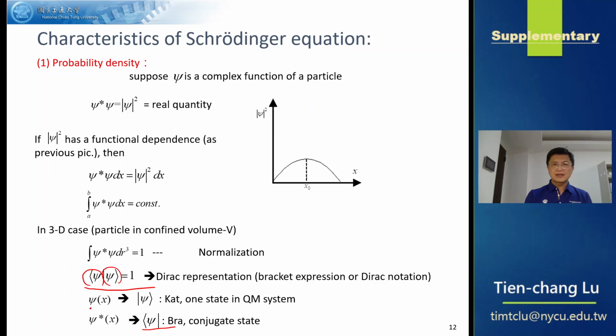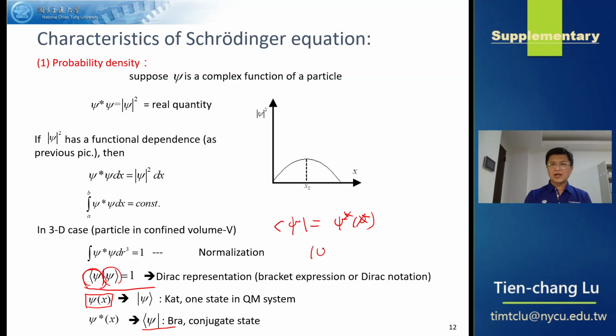So this ket is the wave function itself. This bra is the complex conjugate of the wave function.